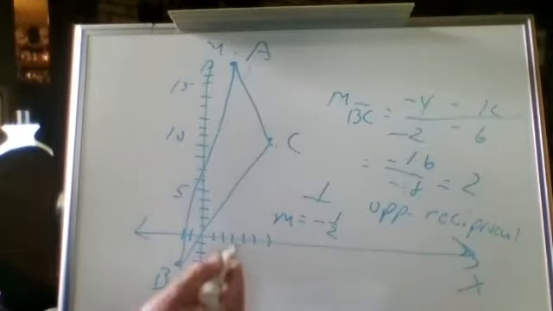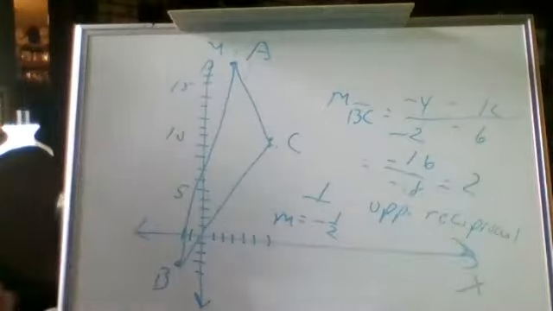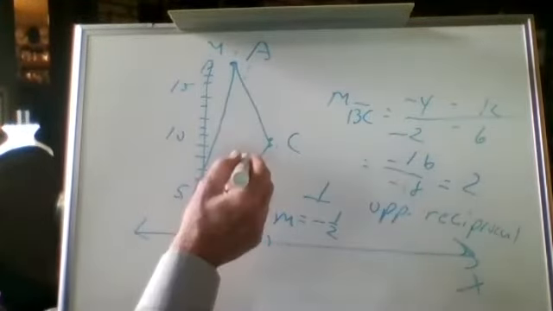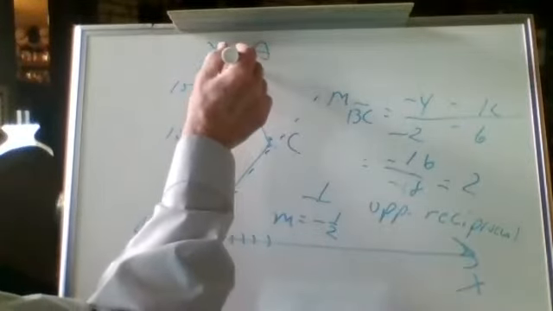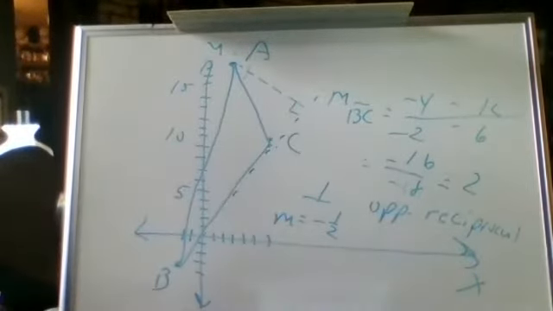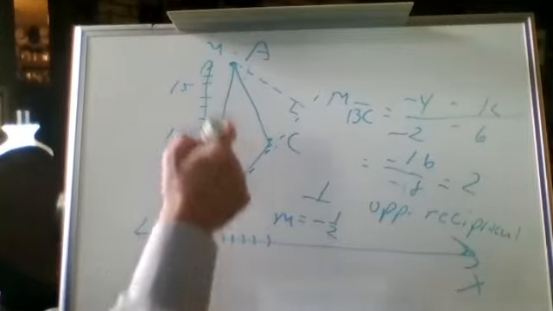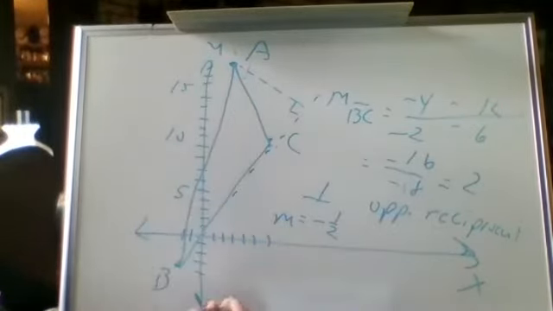And it's to segment BC, so really we're looking for an altitude to segment BC, all right? So the altitude to segment BC has to actually be drawn this way, okay? So we need to use point A and that slope, okay?